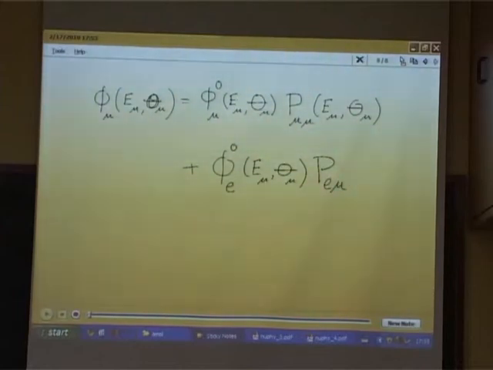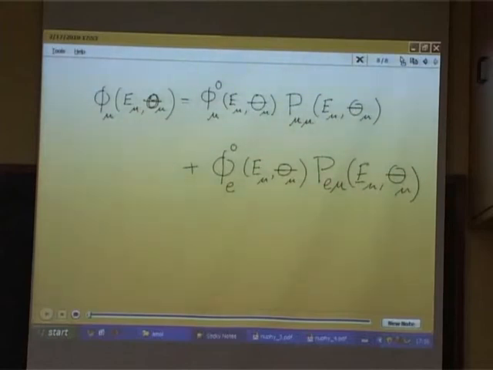It's possible. This again will be a function of E_mu and zenith, but we haven't considered the electron neutrino converting into muon neutrino. Since we now know from our first observation that electron neutrinos don't participate in the oscillations, this would mean that this P_e mu is 0.